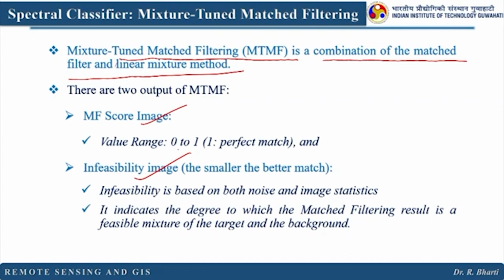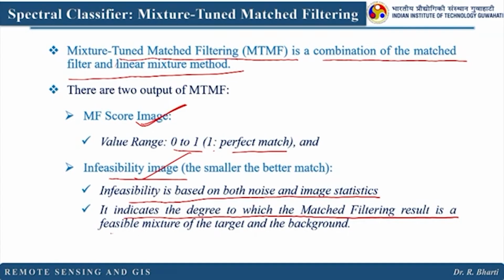The value ranges between 0 and 1, and once you are having 1 in the MF score image, that means it is a perfect match. So close to 1 or towards 1 is good. The infeasibility image is based on both noise and image statistics, and it indicates the degree to which the matched filtering result is a feasible mixture of the target and the background.